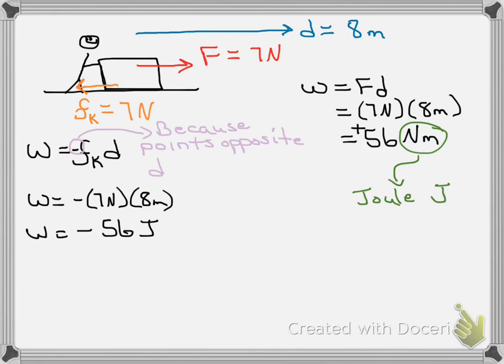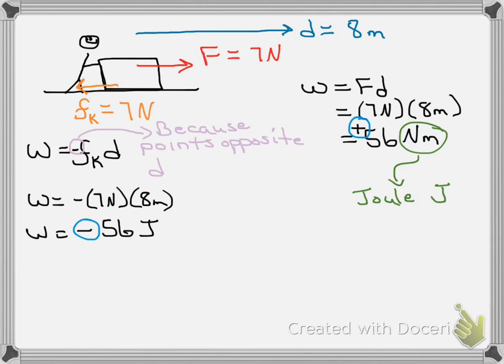Now the value of work done by the person pushing was positive. The value of the work done by the frictional force was negative. The positive and the negative signs for our work are important. They tell us something very important, and we will get to that a little later.